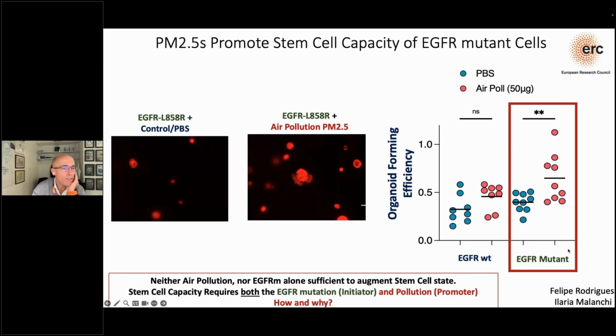And what you can see is it's only when these cells from the mouse lung are exposed to air pollution in red and have the epidermal growth factor receptor mutation that organoids can efficiently form. So this really tells us that perhaps Berenblum was right. You need both the mutation and the inflammatory insult for the cancer stem cell to arise.